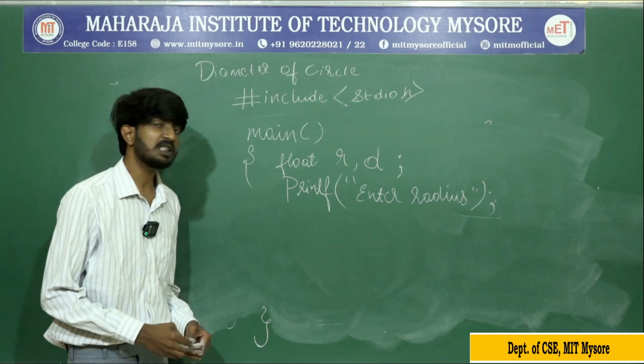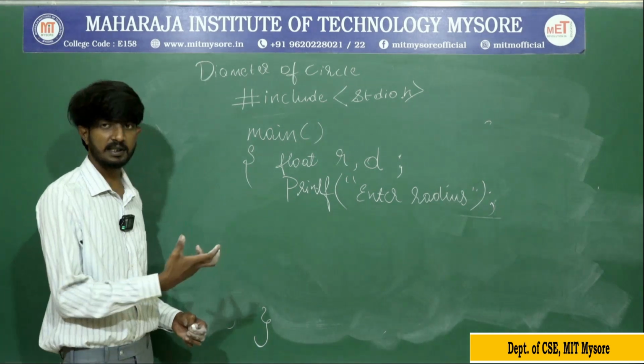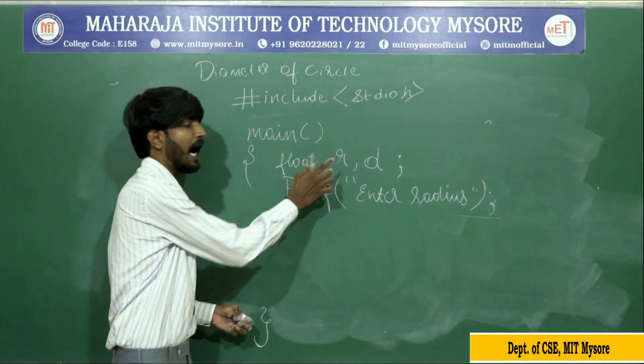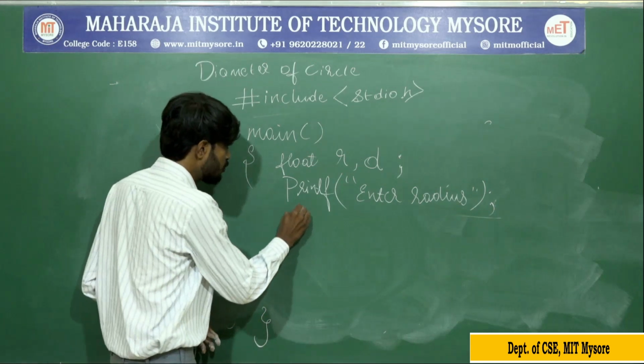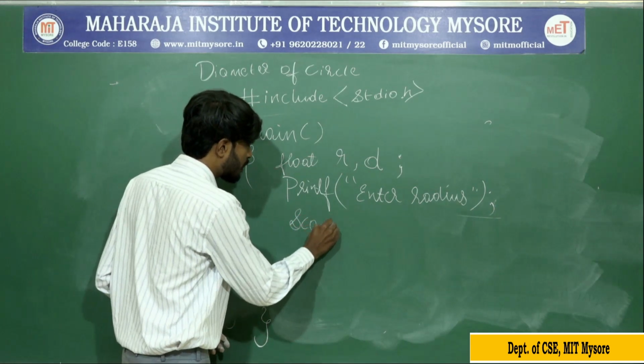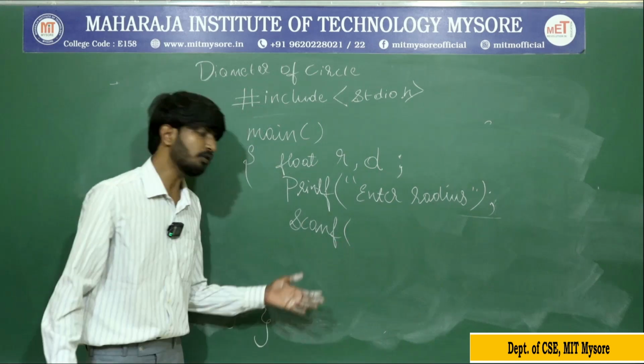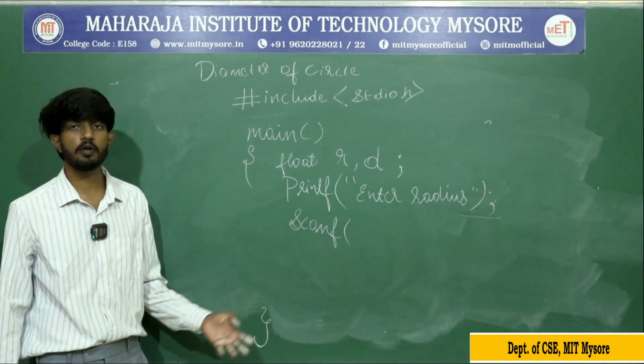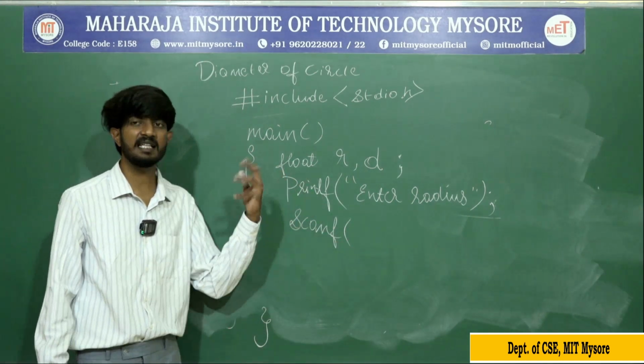Okay. So next I need to take this data and store it to r. If the user gives input, I need to take that input. So that's why I am going to use scanf, scanning that value.